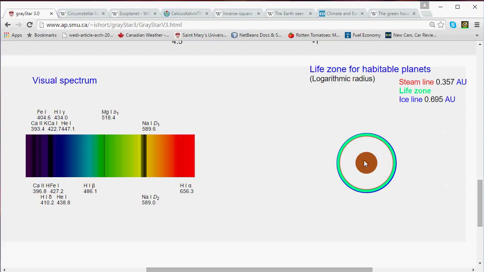We've made the central star less luminous. If the planet had stayed out here at 1 AU, it would be intercepting too little flux, and its surface temperature would be lower than the freezing point of water. So in this situation, the planet has to huddle around closer to its less luminous, cooler central star in order to have a surface temperature that is in the right range for the life zone.